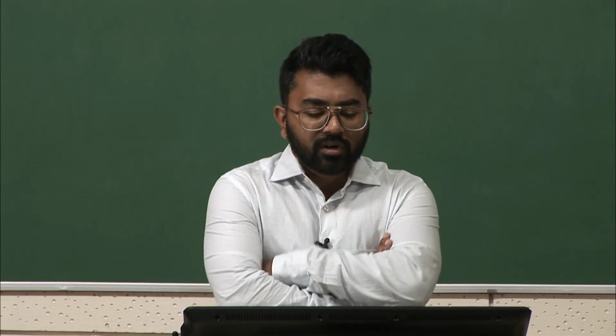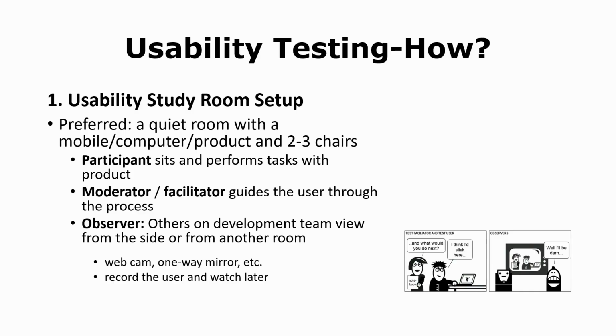Then you have a moderator and facilitator who guides the user through the process. Typically a moderator and facilitator has certain do's and don'ts, which we will be talking about in the upcoming slides, right? So this person basically guides the user through the process and helps them as they are trying to understand and use that product.